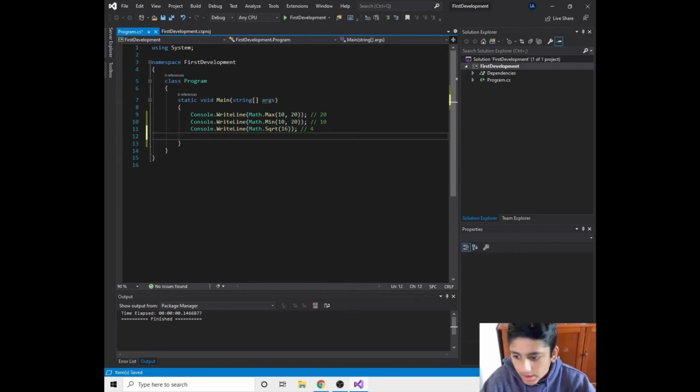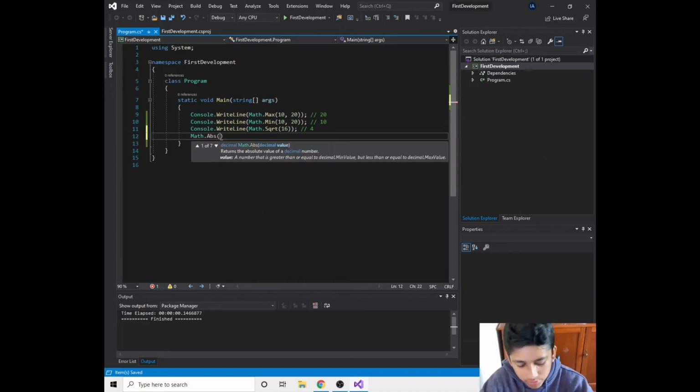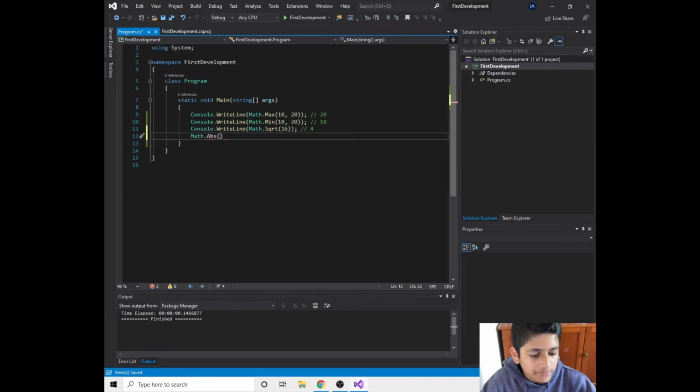And we could also learn about Math.Abs. Math.Abs is sort of like a reciprocal, or, I should say, it's not reciprocal, it will just turn into a positive value, that's it. So we could just do that by doing -6.53.